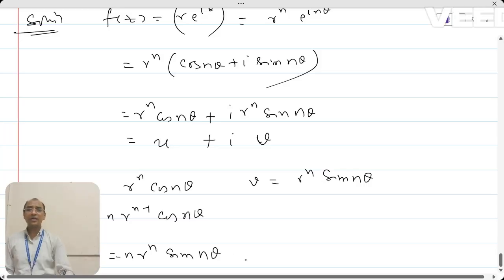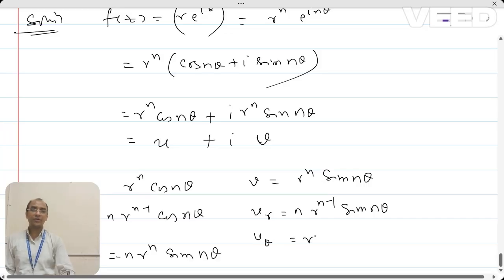Similarly, we will find v r, the derivative of v with respect to r, which is n r to the power n minus 1 sin n theta. And v theta is r to the power n as it is, and the derivative of sin n theta is n into cos n theta.